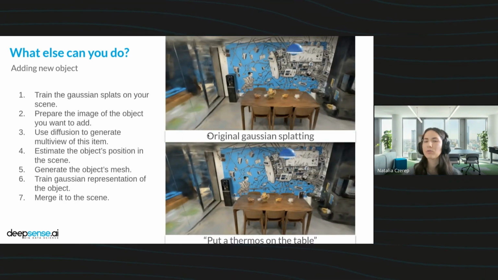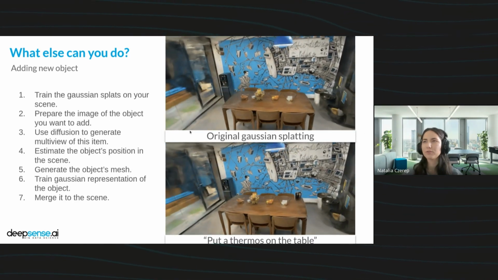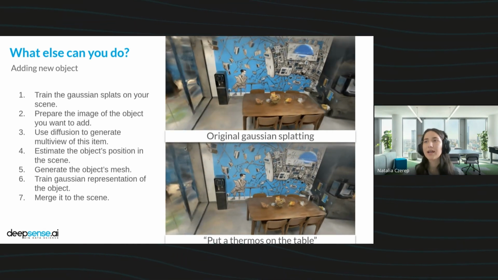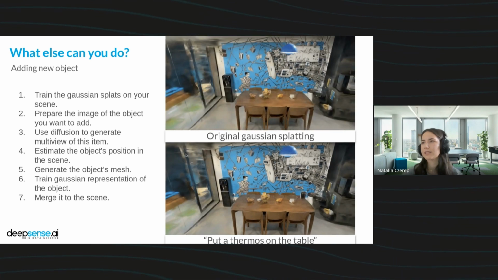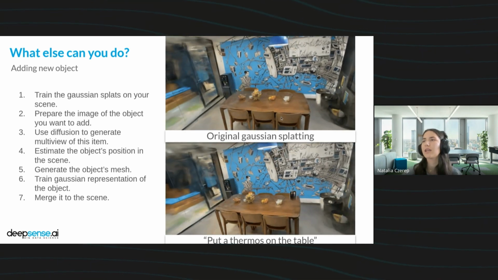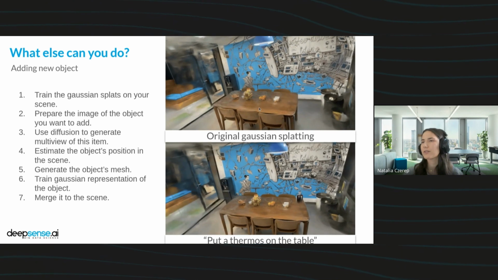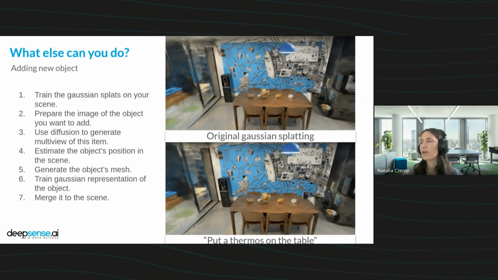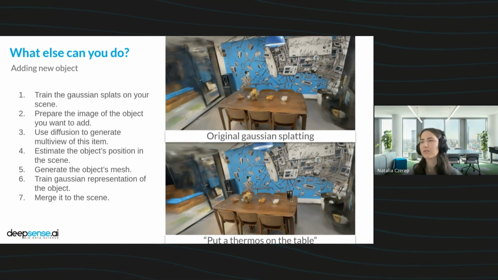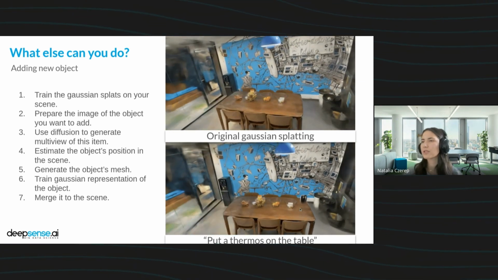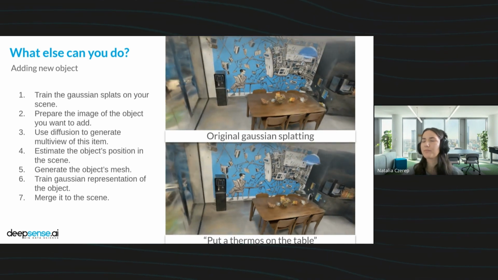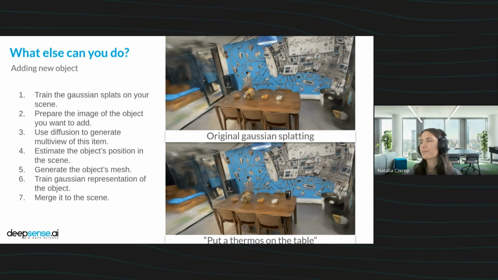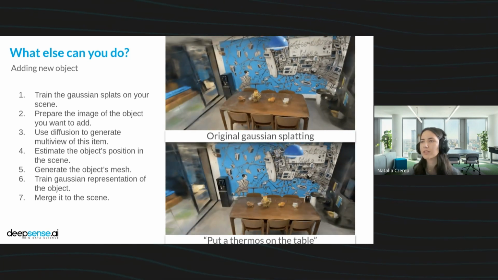The next thing we tried to do was adding a new object to the scene. This time the pipeline was slightly different, so we trained the initial Gaussian splats on our scene. Then we prepared the object, so we had one image of our object, and using diffusion models, generated different views of this object.